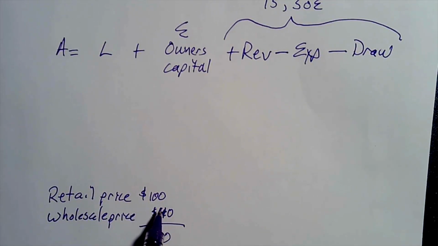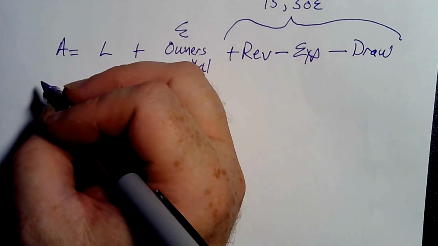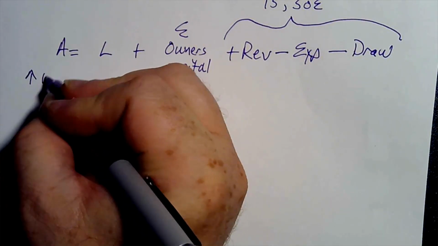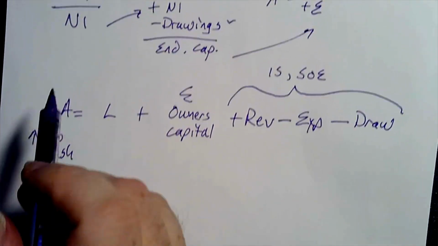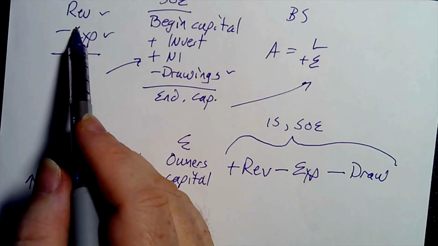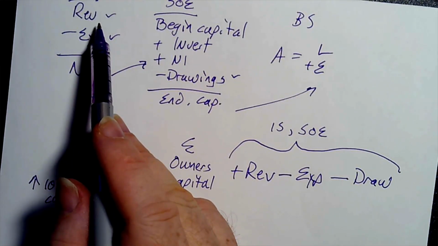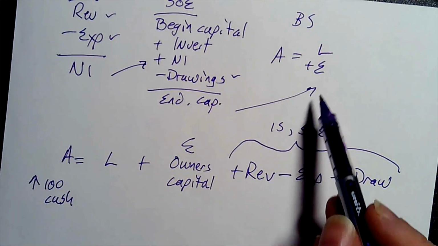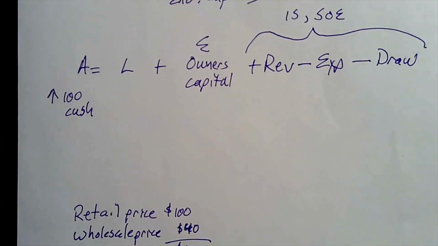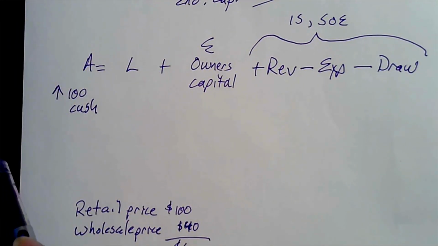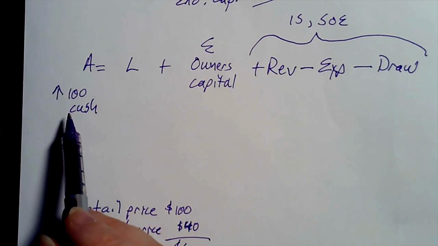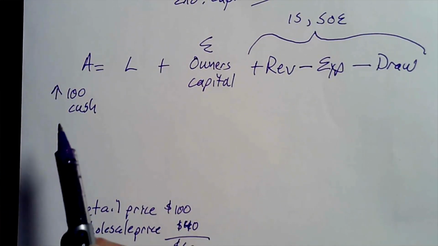So when we sell it to the customer for $100, let's say we're selling it for cash. Cash went up, did it not? $100 in cash. And what else went up? Well, when we tracked it through here, we said when we make a sale, revenue increases equity. So we got $100 cash, but when we looked at the previous things, cash went up by $100 when we took out a bank loan as well.